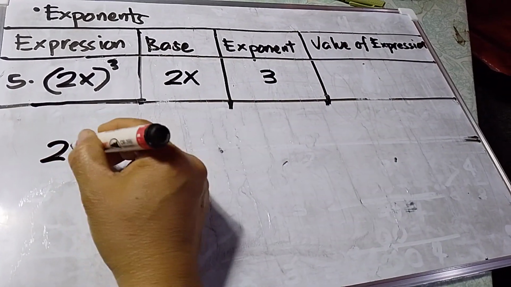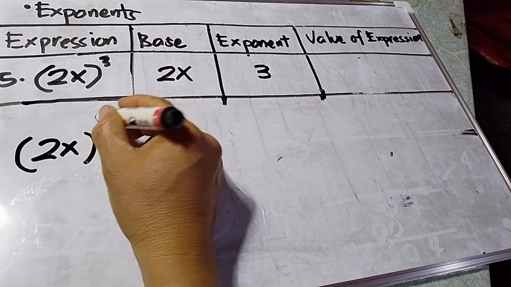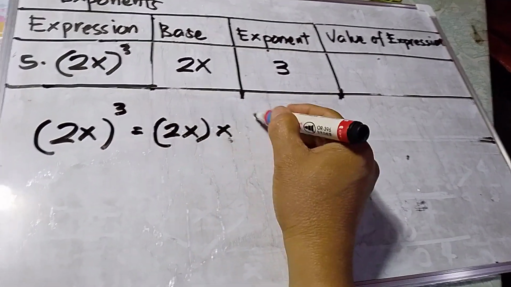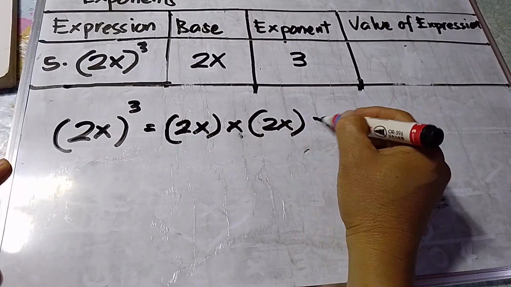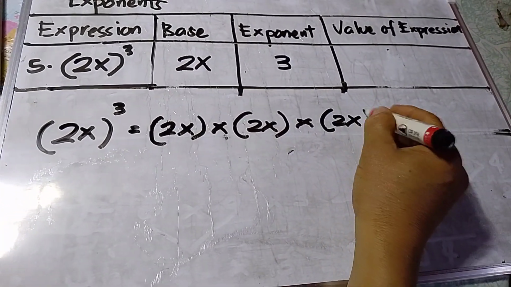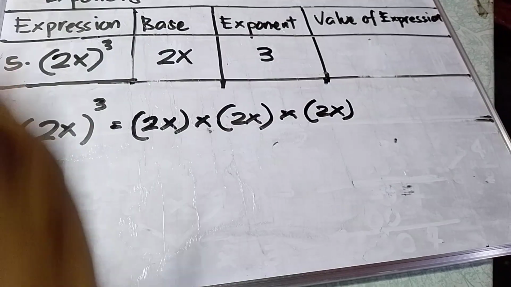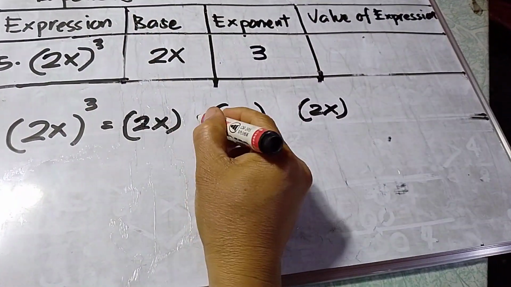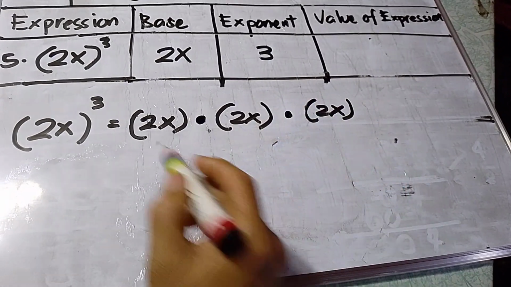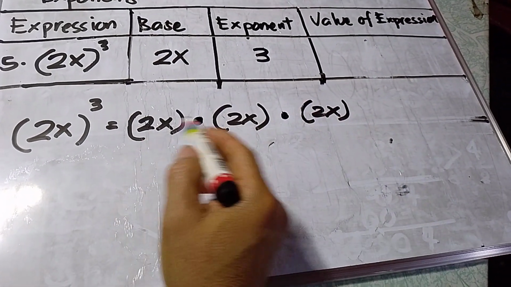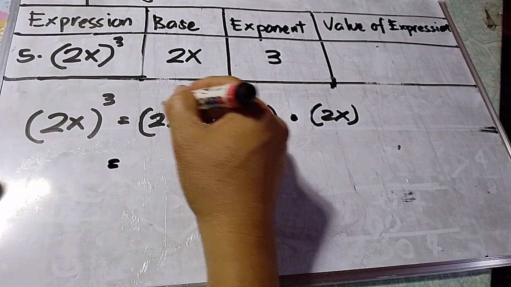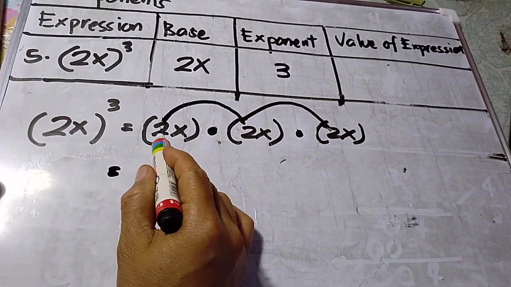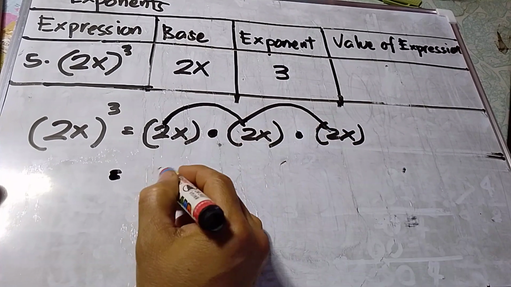So what's the value when you say 2x to the power of 3? So this will be 2x times 2x times 2x. Okay, to avoid confusion, we'll just change this one to a dot. It means multiplication. Since we have the bracket, circle brackets, so this is understood multiplication. So first we have to multiply the numerical coefficients. So 2 times 2 is 4 times 2 is 8.